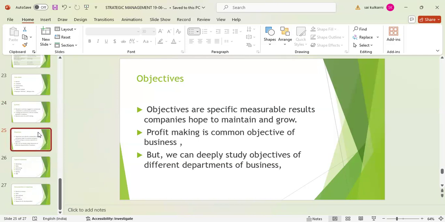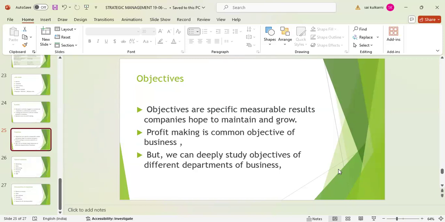So objective means the specific measurable results. Each and every business should decide the standards to achieve. So objective means the specific measurable results companies hope to maintain. So results in different fields, like profit making, is the common goal or common objective of each and every business.